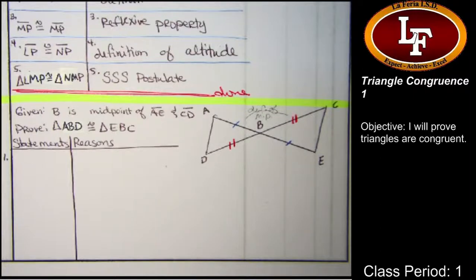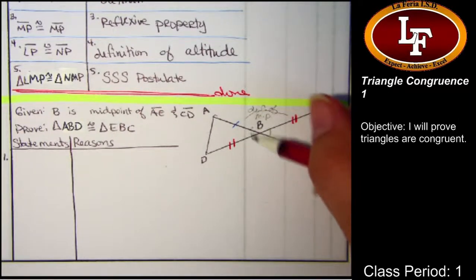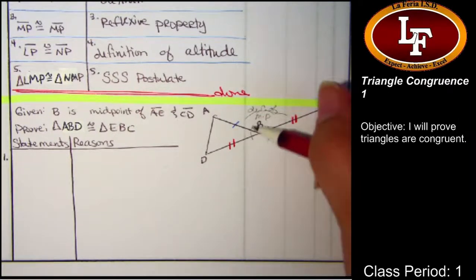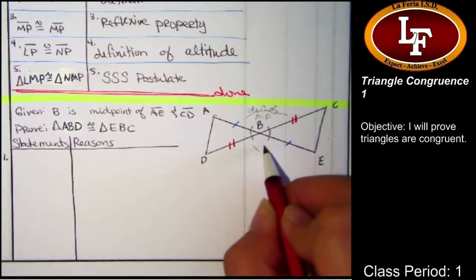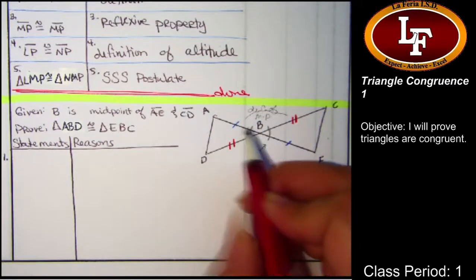So I can't get these 2 sides. But I have another congruence theorem that was called side angle side. If I could show that these 2 angles were congruent, then I would have it by side angle side.